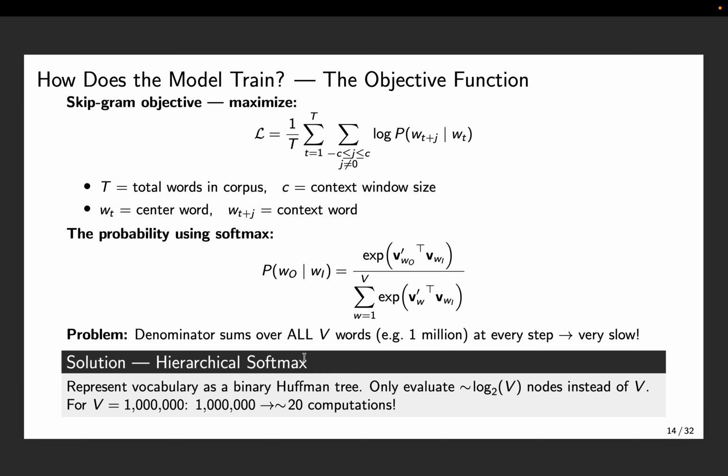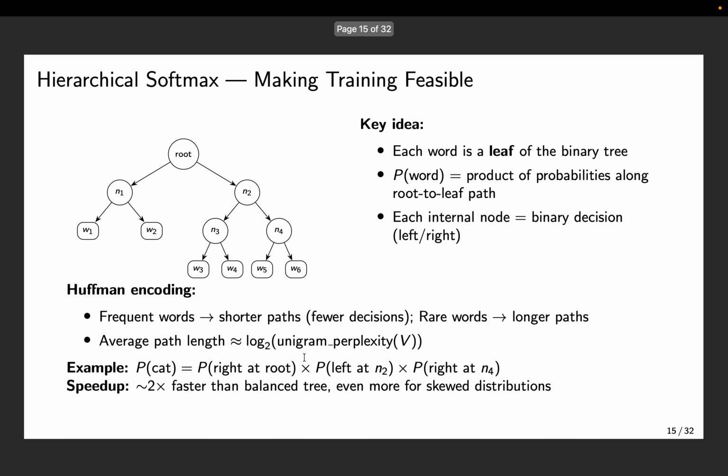It reduces V operations down to log 2 V operations. So coming to hierarchical softmax. Hierarchical softmax is a clever trick to make the output computation efficient. The idea is to represent the entire vocabulary as a binary tree. Every word is a leaf node of this tree. To compute the probability of a word, instead of comparing against all V words, you follow the path from root to the leaf for that word.